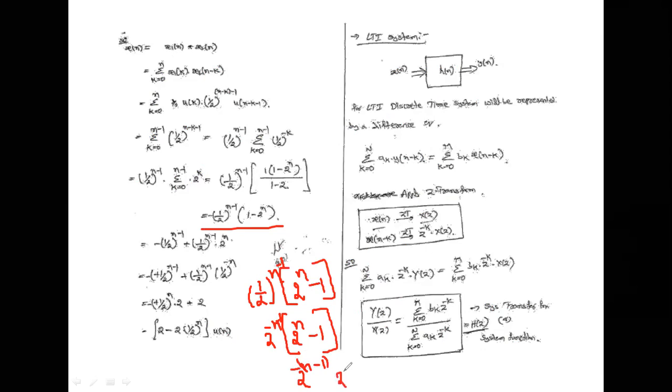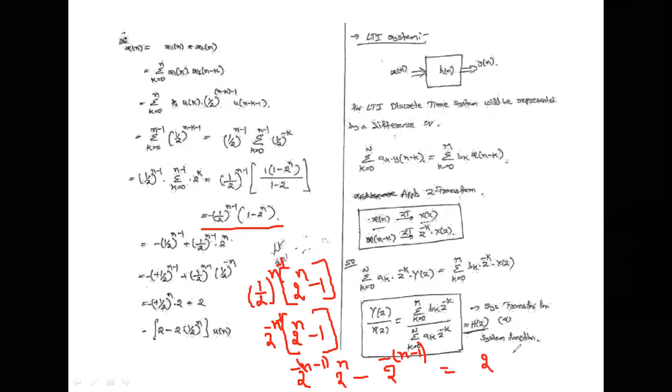It is multiplied with 2^n and minus 2^(-(n-1)). Now it becomes 2^(-n+1) and the 2 only. The first term becomes a 2.